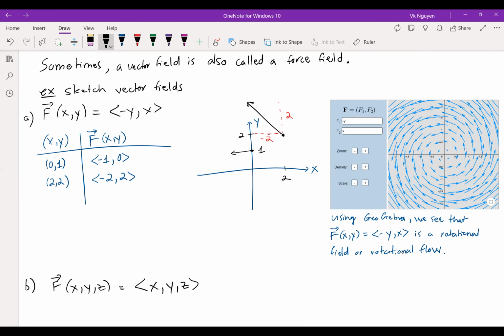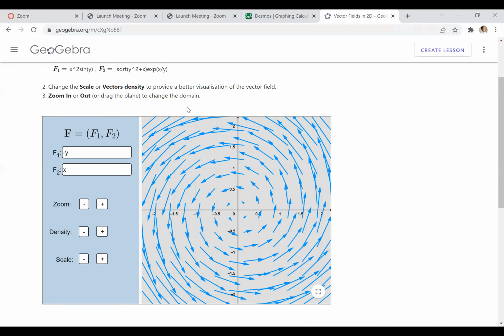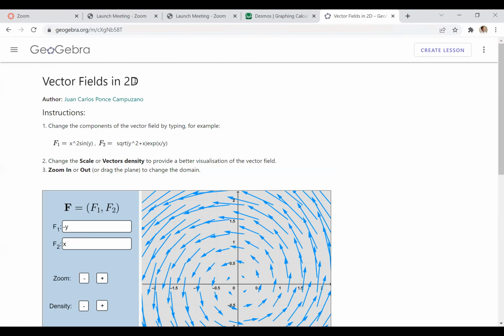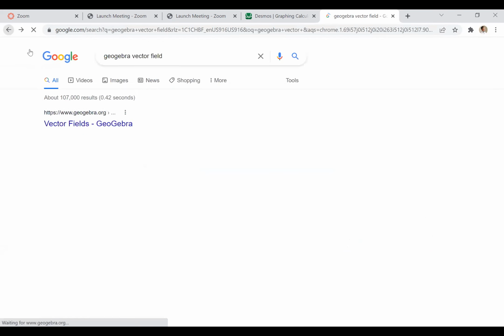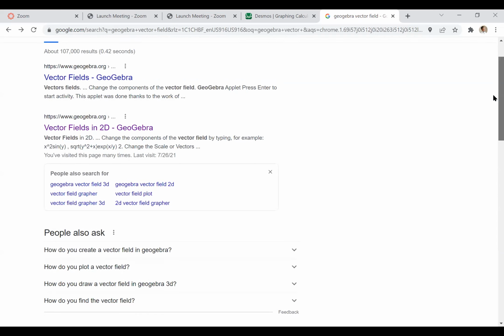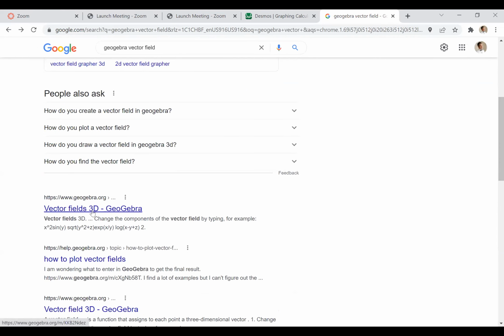When you do this, you got to switch. It got to be a 3D. GeoGebra only does vector fields up to 2D though. Vector fields in 2D. As you go back here, the vector field in 3D.